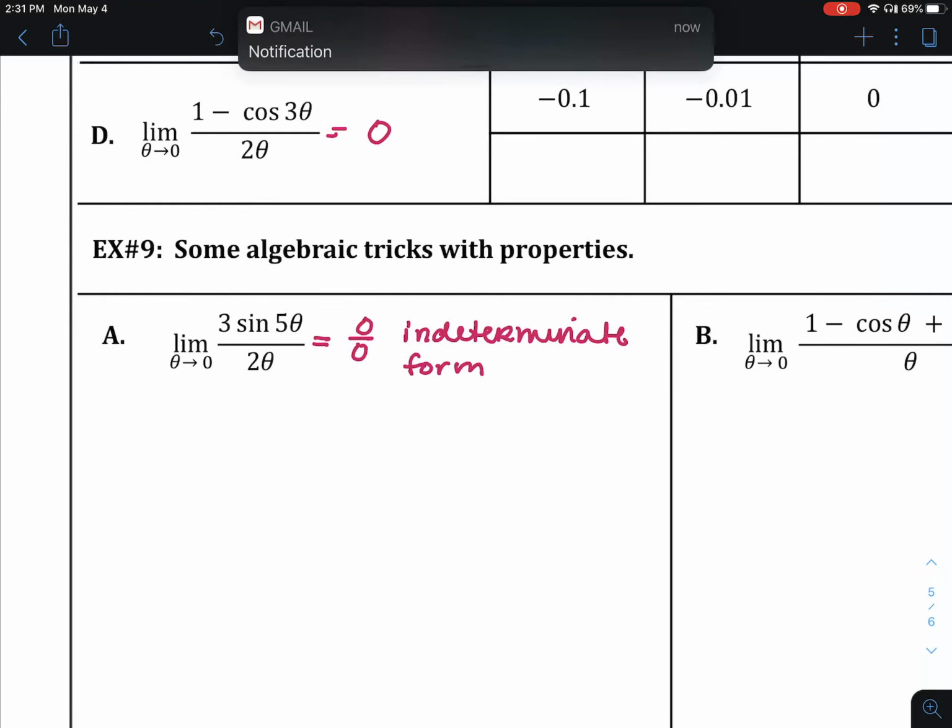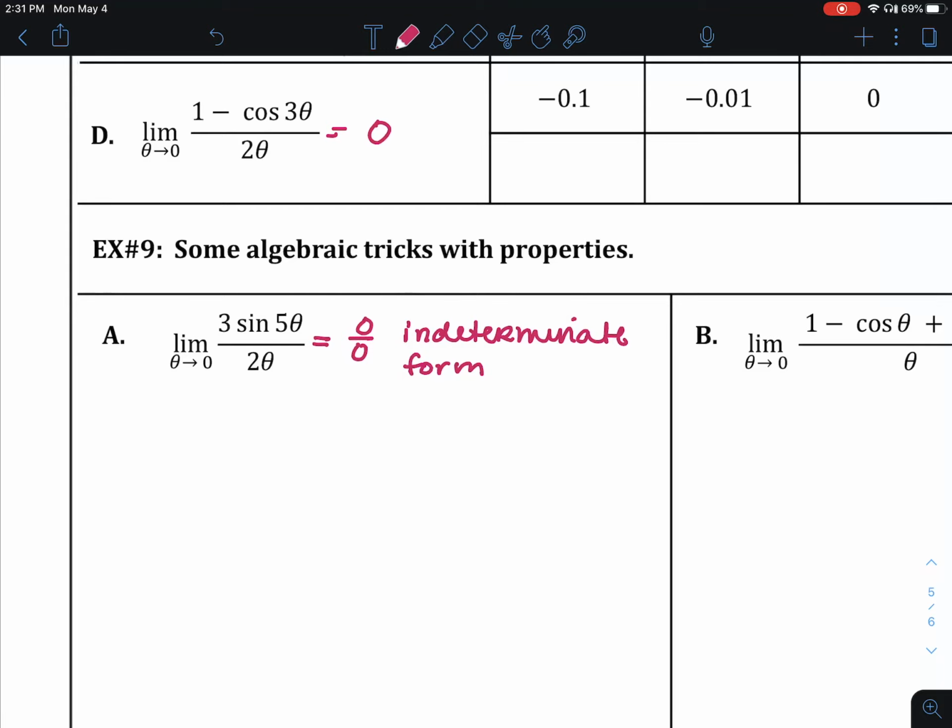But because you don't know derivatives yet, and we're only on limits, we're going to use some algebraic manipulation. So what I am going to do is I am going to multiply this limit by 1. It's going to be a special one in terms of 5 over 5 times sine of 5 theta over 2 theta.